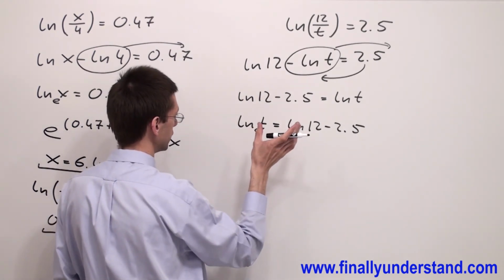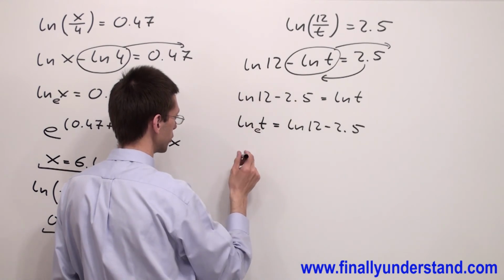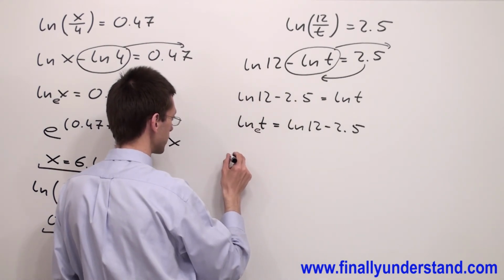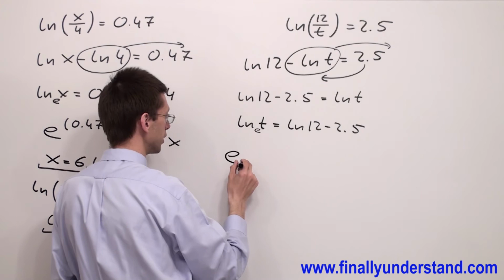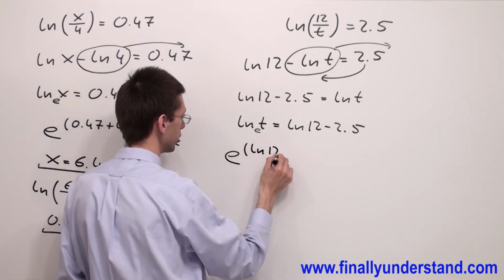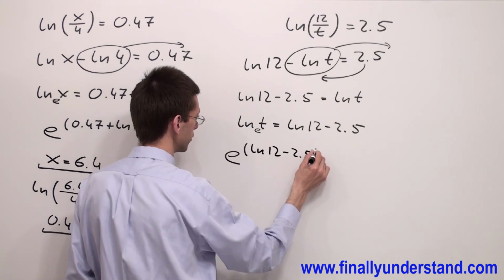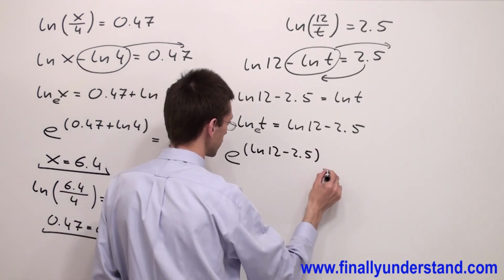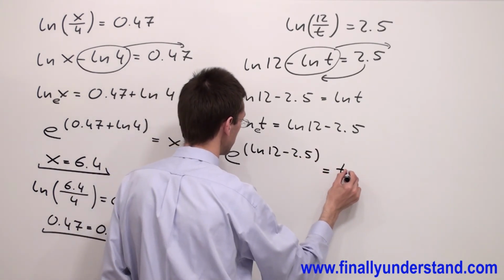You have to convert the logarithmic form to the exponential and simply write this as e to the power of ln 12 minus 2.5 equals t.